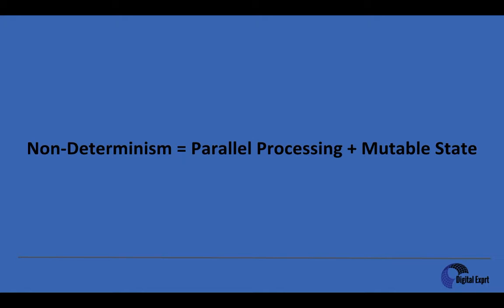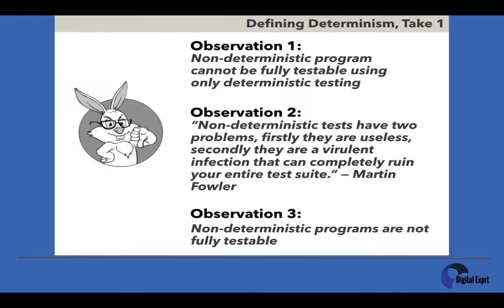So the Professor Rabbit is trying to explain here in 3 observations and trying to help us define determinism. What is determinism? The first observation says a non-deterministic program cannot be fully testable using only deterministic testing. So right there, we are in kind of troubled waters, because if we cannot test our code, that smacks of poor engineering or sloppy engineering.